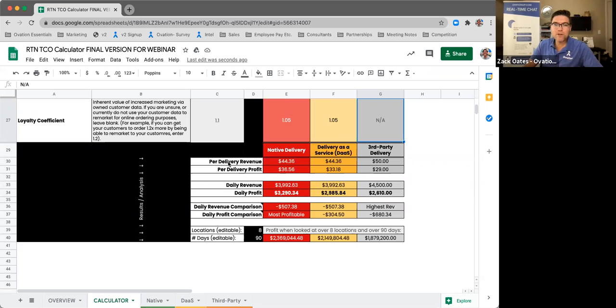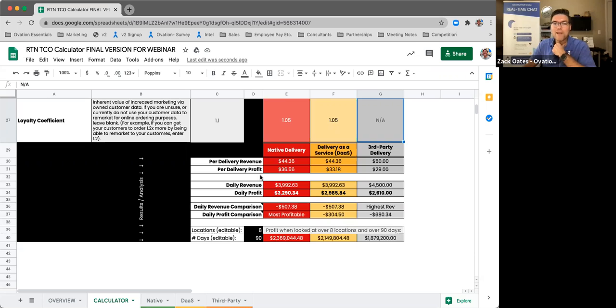We'll go through this line by line. The first one is per delivery revenue. So you'll see the revenue that goes across, and then per delivery profit. Obviously, you understand the difference between those. Then we'll have daily revenue and daily profit. So you could look at this from a per delivery view. You could look at it as a per day view.